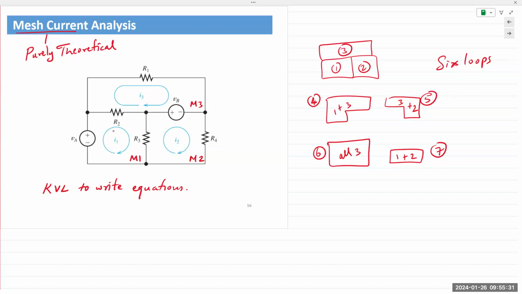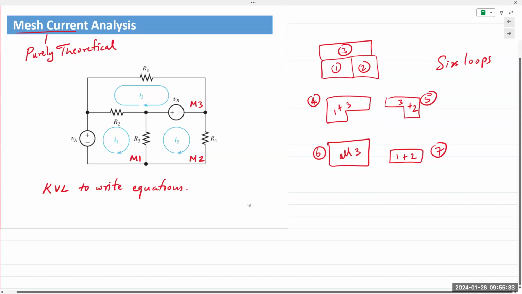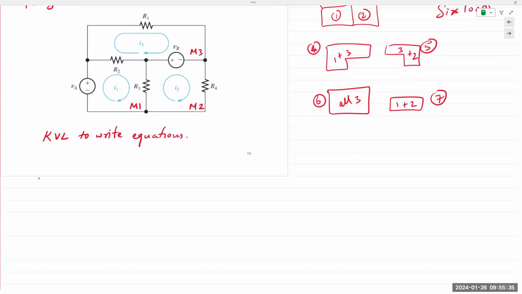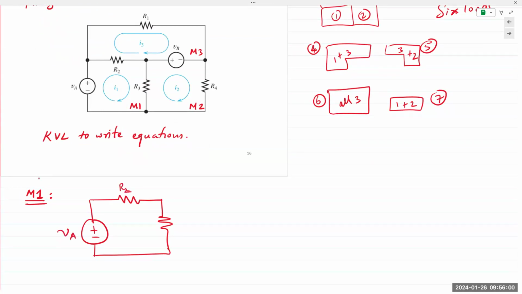So first thing here, let's look at mesh 1. This is R2, VA.